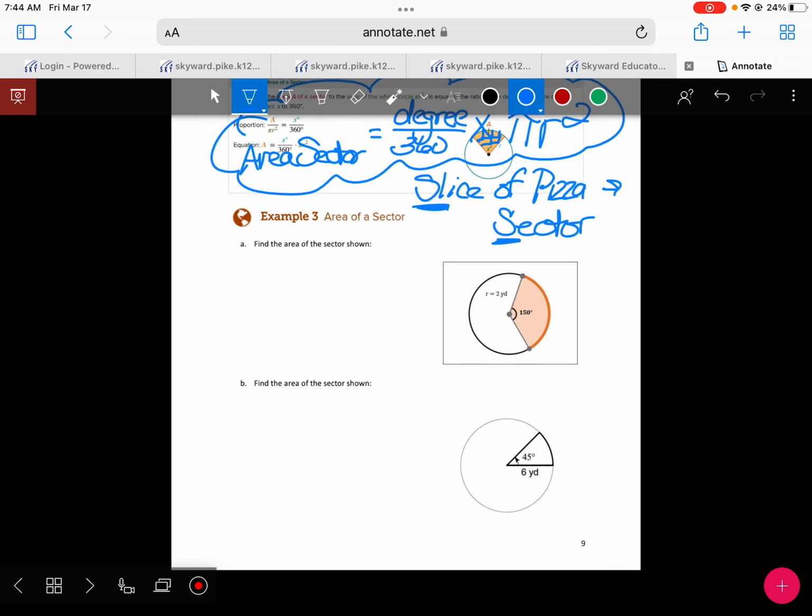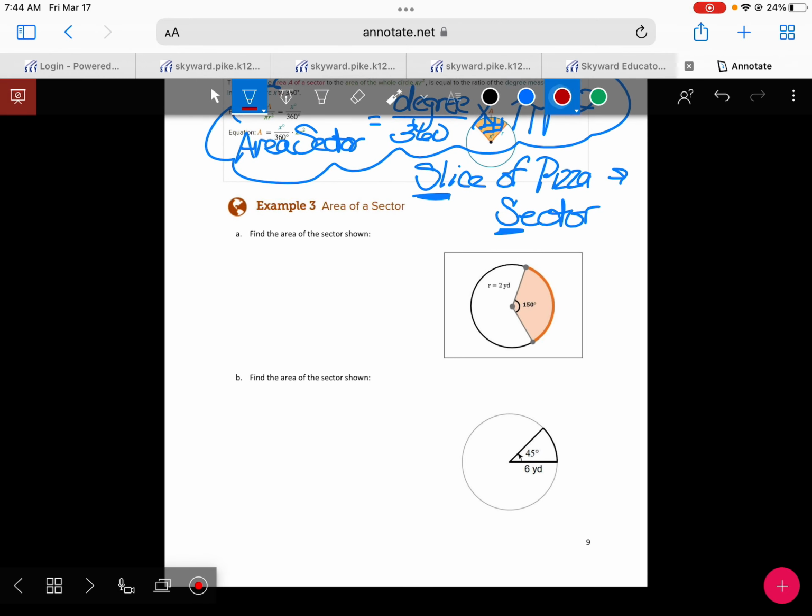So let's take a look at example 3. Find the area of the sector. Okay, here's my sector right here in orange. It looks like a large pizza slice, right? So area of a sector is the degree. Actually, I'm not going to write out degree. I'm going to put the little degree symbol over 360 times pi r squared.